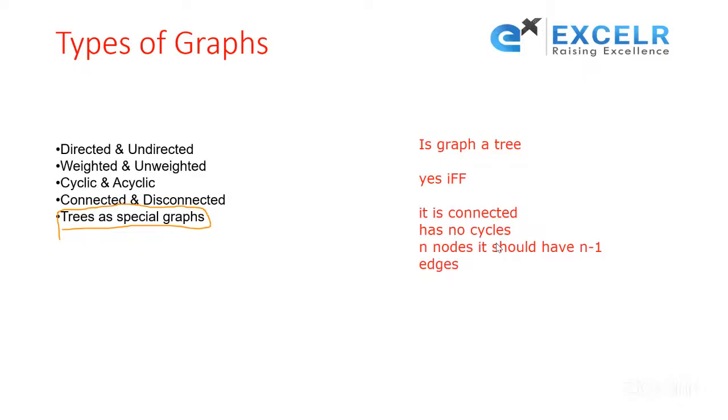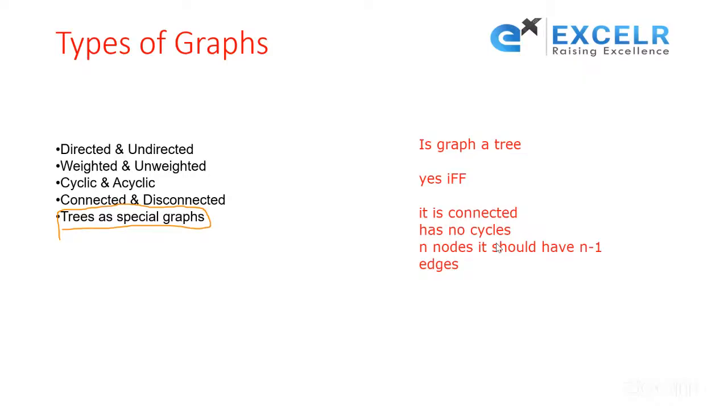Okay, so I can say all trees are graphs, but all graphs are not trees. Try to remember these conditions. For a graph to be a tree, it has to be connected, it should not contain any cycles, and for n nodes, it should have n minus 1 edges. I guess we discussed these things yesterday when we were discussing trees.